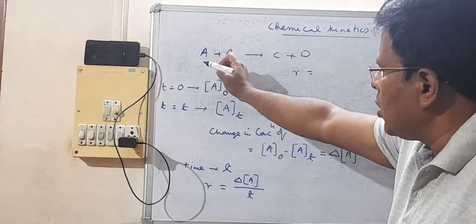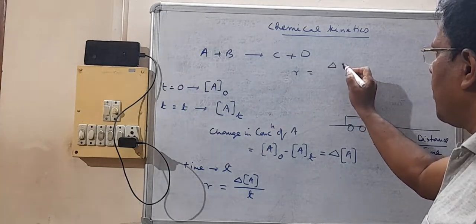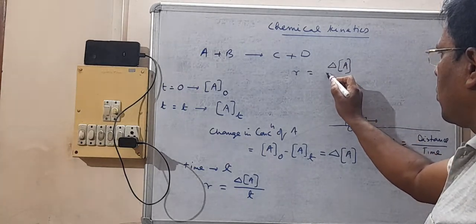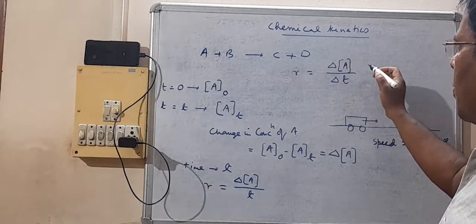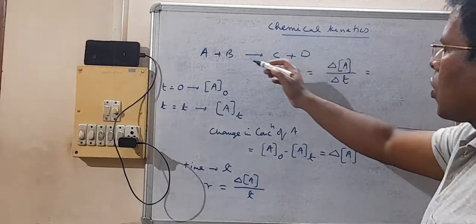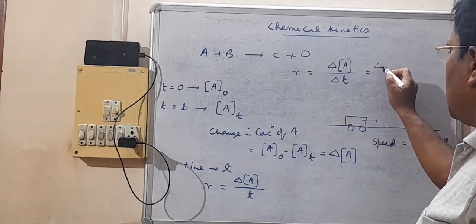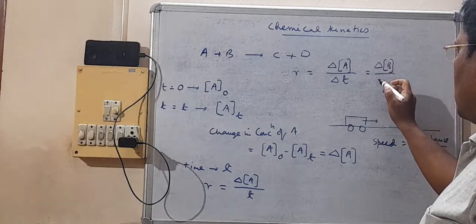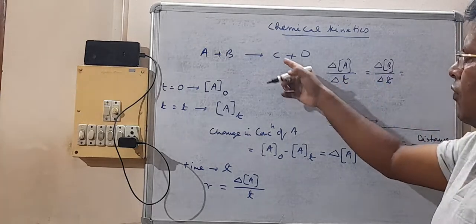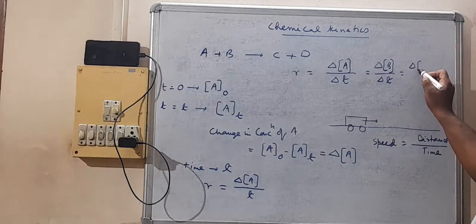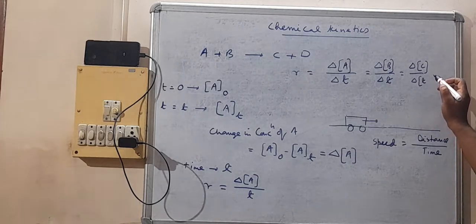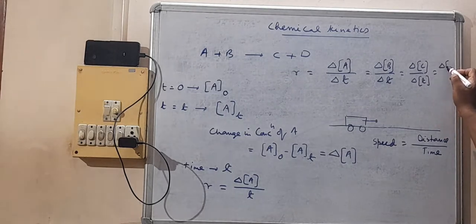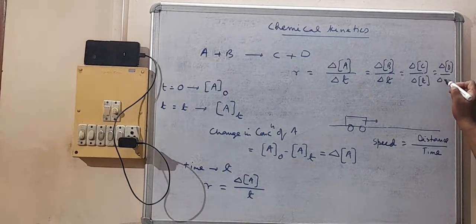If I do it in terms of A, it will be delta, change in concentration of A; in terms of B, it will be change in concentration of B; in terms of C, change in concentration of C, and so on, over time.